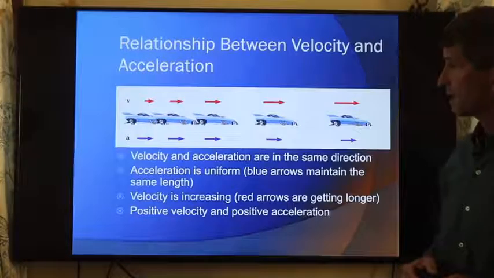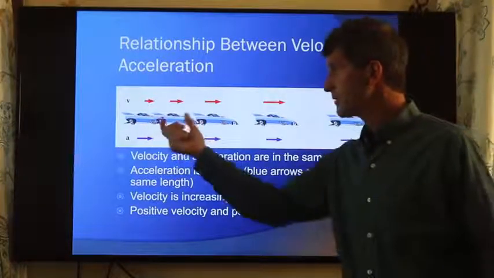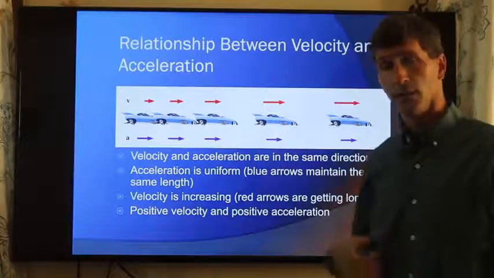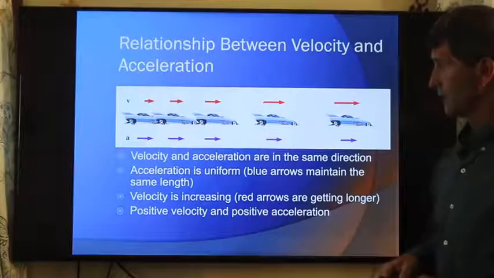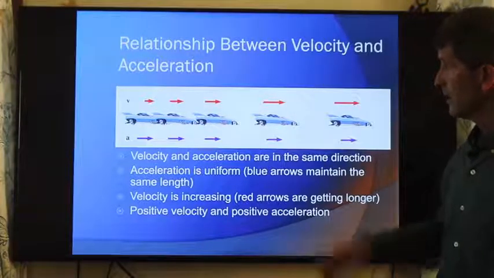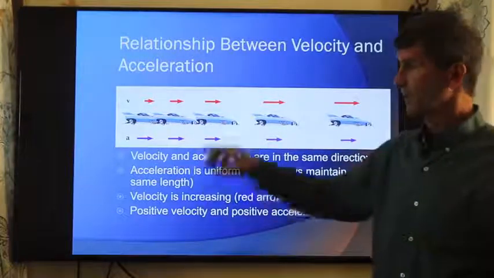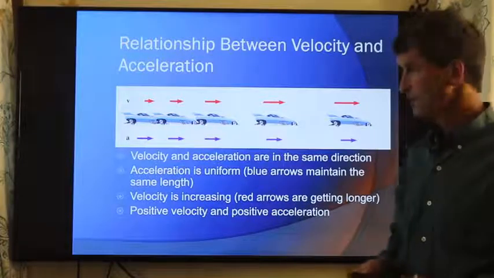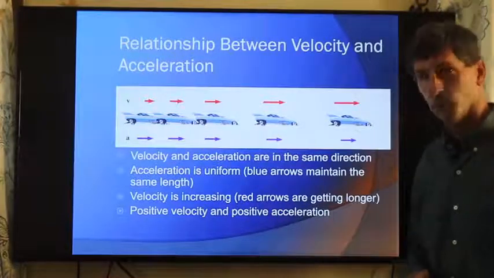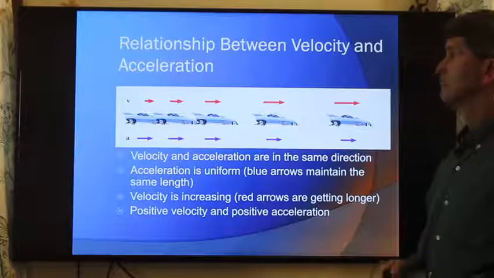For positive acceleration, notice that the velocity is getting greater and greater because the distance traveled along each time interval is becoming greater and greater. Here the velocity is increasing, the acceleration is constant. Both are pointing in the positive x direction.